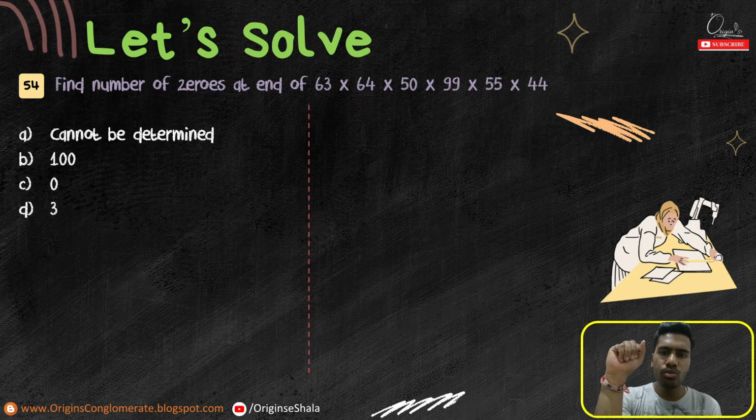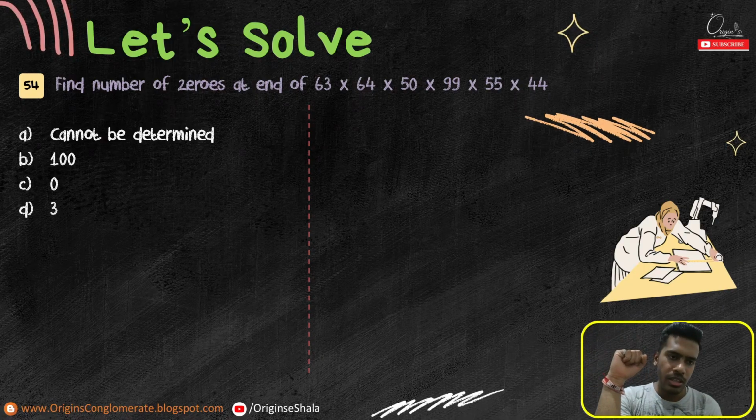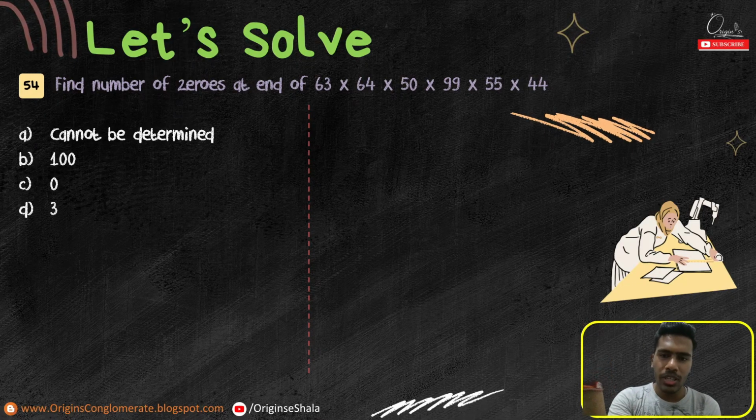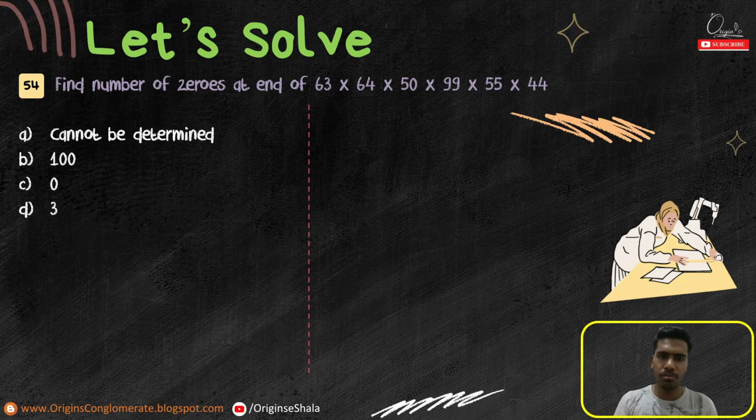Many of you may find it funny, but for exams like SNAP and XAT and several other exams where a calculator is not allowed, some of you may directly go for 300 or cannot be determined, but there's a logical way here. Of course, in CAT, you can use a calculator, so you can directly multiply these numbers and find the answer. That would be simple as well. But let's see the non-calculator approach.